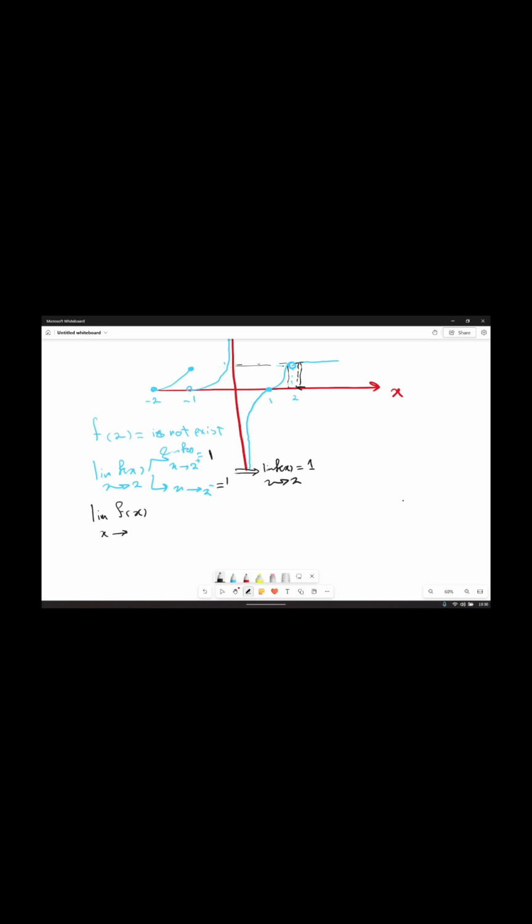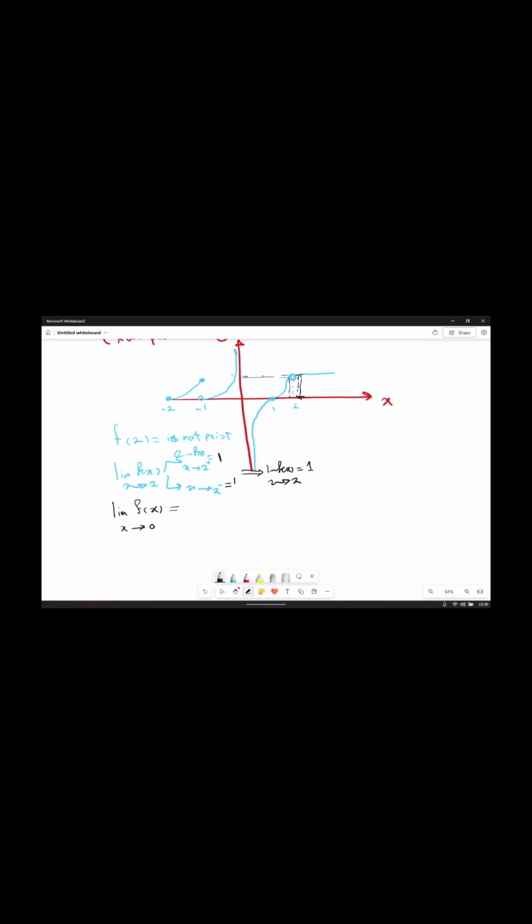Okay, and another one, for example, when I ask you the limit of f(x) as x approaches 0, what happens for this, guys? Okay, both sides: the limit of f(x) as x approaches 0 plus, and the limit of f(x) as x approaches 0 minus.